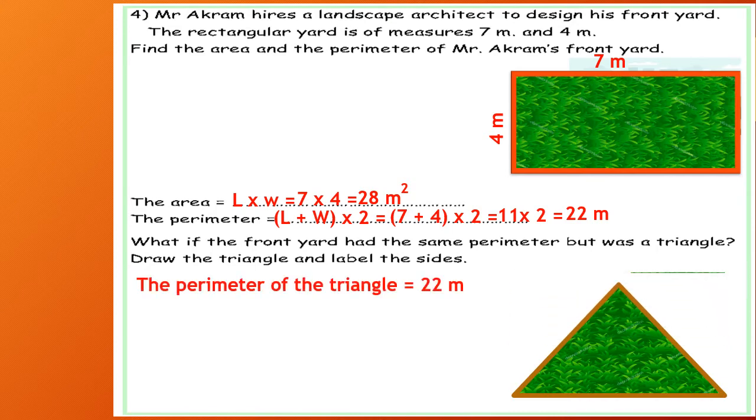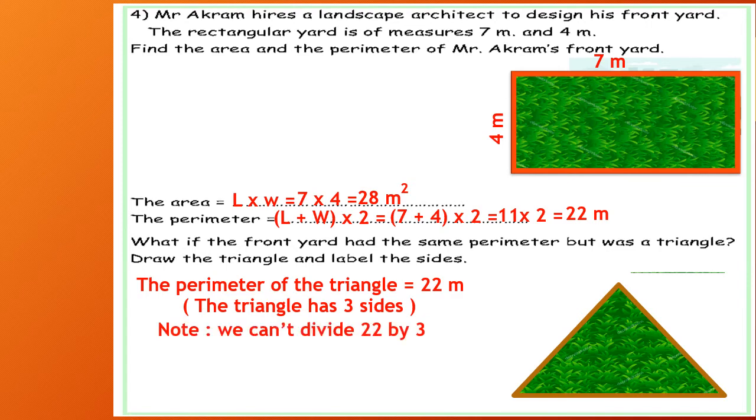The perimeter of the triangle is the same as the perimeter of the rectangle, 22 meters. The triangle has three sides. If this triangle had equal sides, we could divide the perimeter by 3, but 22 does not divide evenly by 3.